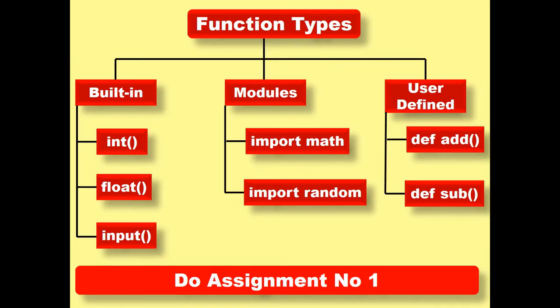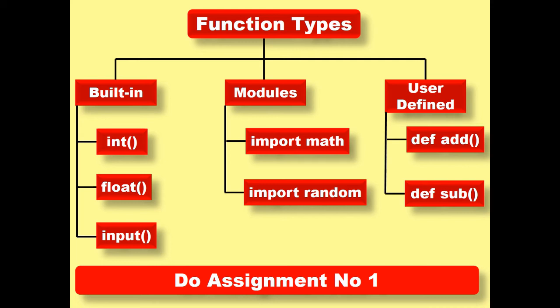My dear students, after understanding this concept, kindly concentrate on the types of functions. The first one is built-in. Built-in is a kind of function which is provided by the system itself.